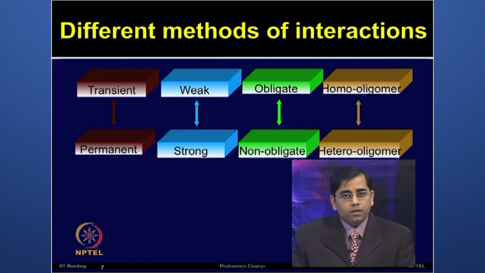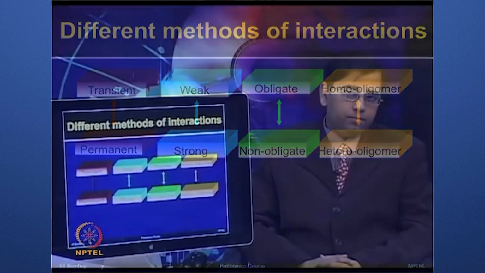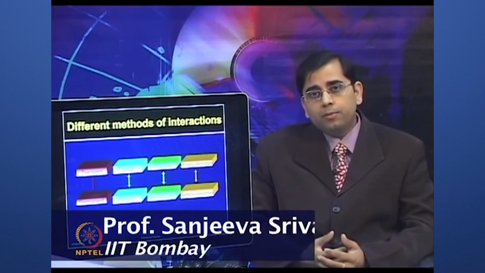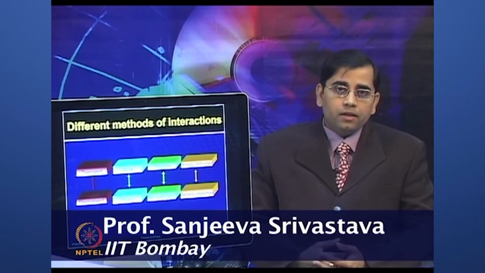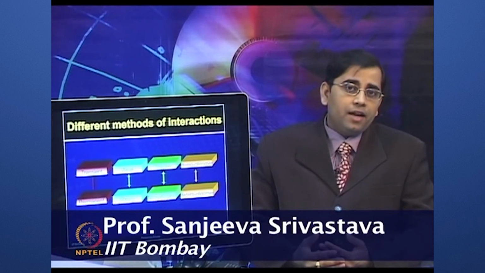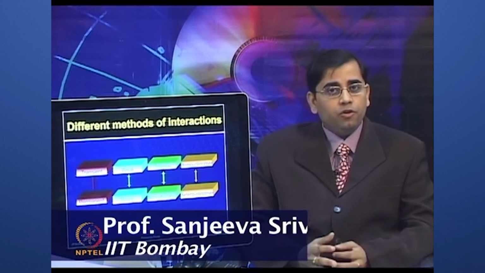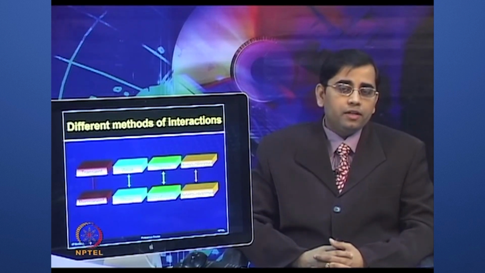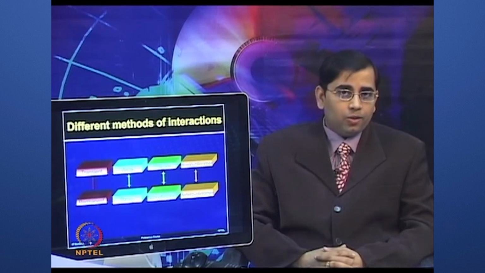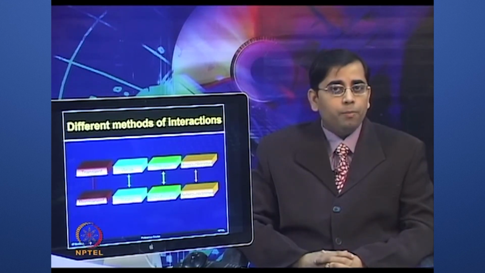They can form homo-oligomers as well as different types of oligomeric units can combine and form hetero-oligomers. So, this gives you a glimpse of the complexities involved in the interactions, because studying the interactions requires various types of technologies just because of the diversity of interactions as well as different types of complexities involved.